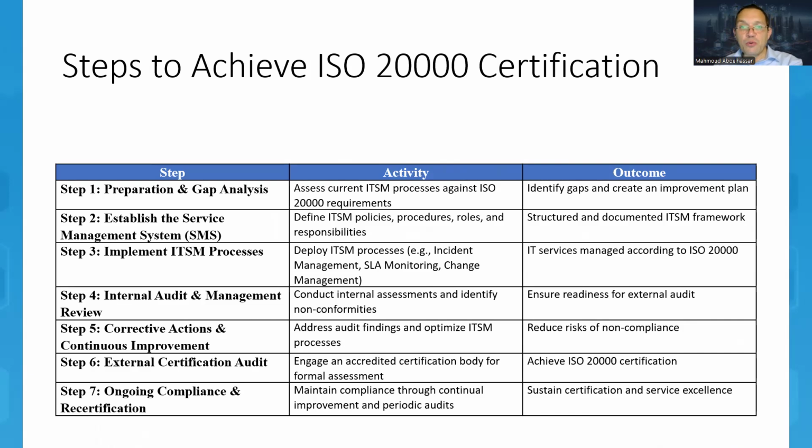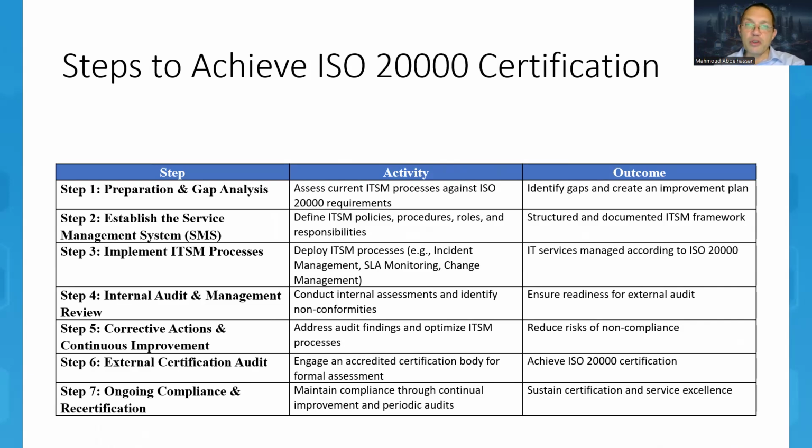The output of this step will be the gaps identified between the current state and the future state that we need to achieve in ISO 20000 certification, then create an improvement plan.